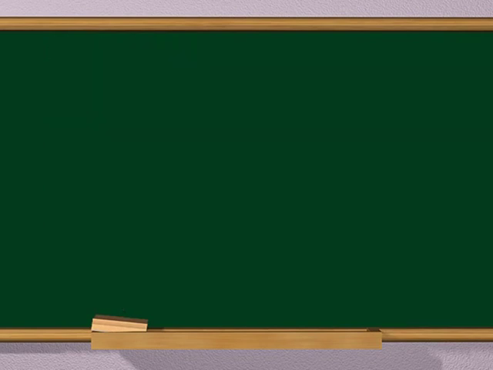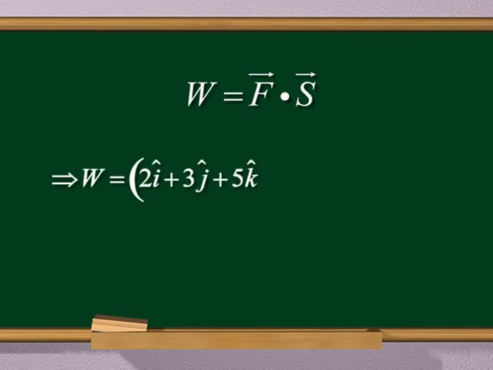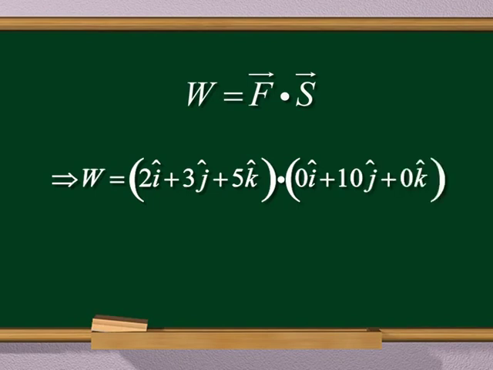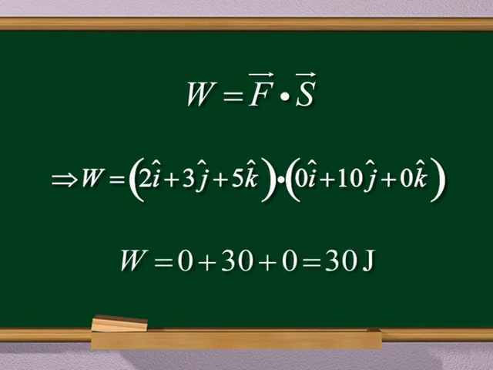Now the work done is W equal to vector F dot vector S, which implies W is equal to 2I cap plus 3J cap plus 5K cap dot 0I cap plus 10J cap plus 0K cap. On solving, we get W is equal to 0 plus 30 plus 0, which is equal to 30 joules. Hence, the work done in moving the body is 30 joules.